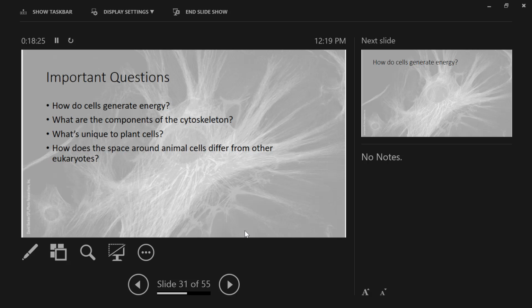Was the plasma membrane there? Well, that's part of the cytoskeleton.